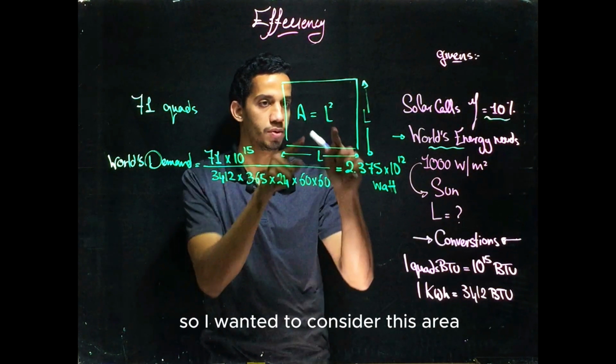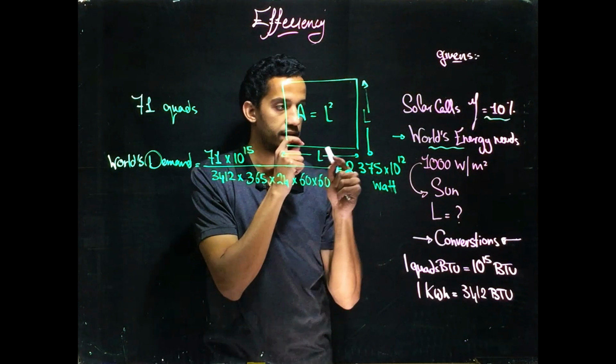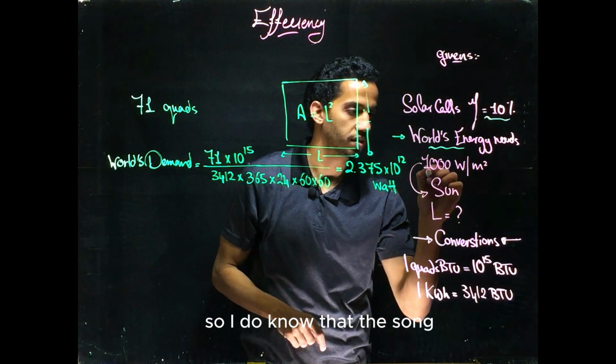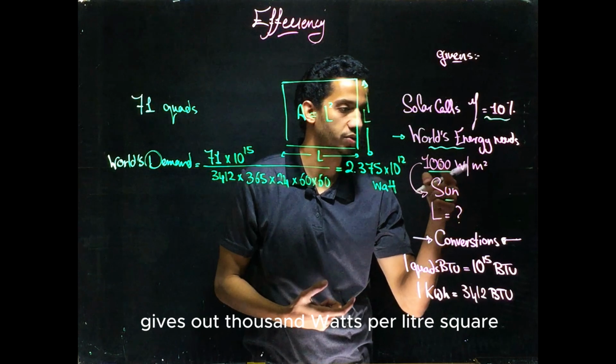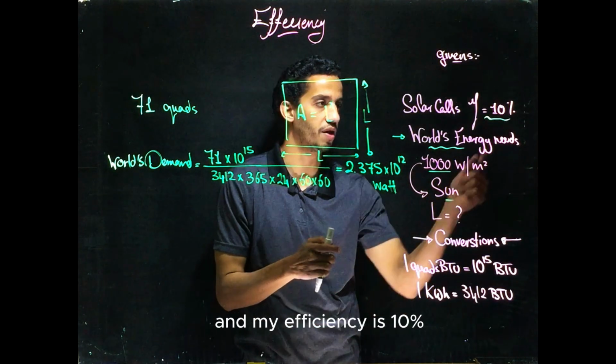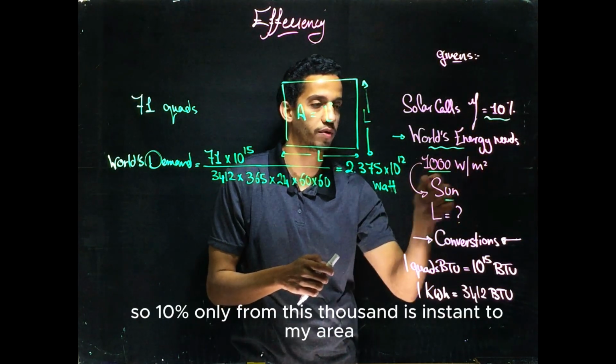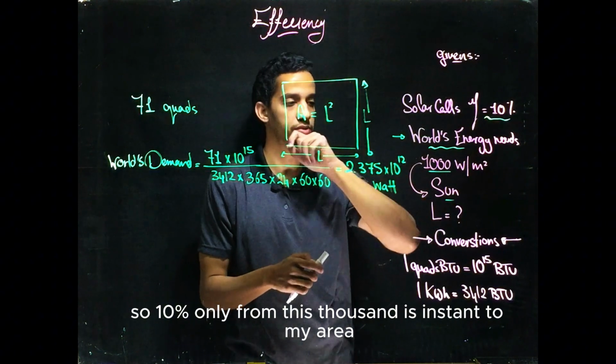So that's the world's demand in watts, like joules per second. Now I want to consider the area. I know that the sun gives out 1000 watts per square meter and my efficiency is 10%, so only 10% of this 1000 is incident to my area.